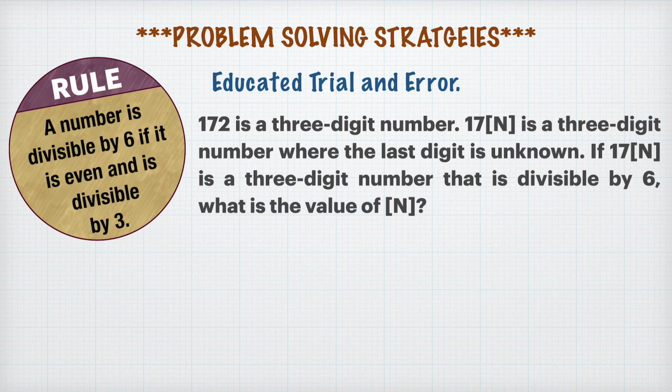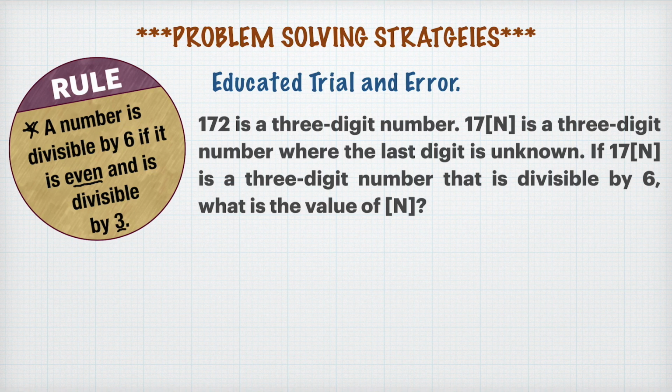What we're trying to find is that number. Look at the rule here. A number is divisible by 6 if it is even and is divisible by 3. With 3, we can add up the digits, and if the sum is divisible by 3, then the number is divisible by 3. If it is not divisible by 3 when you add the digits up, then it cannot be.